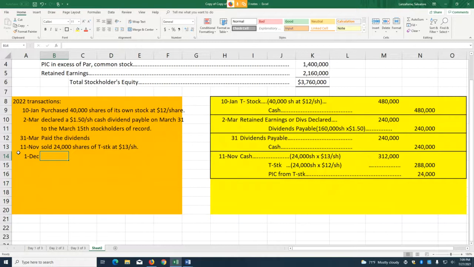And on December 1st, it says, look at this, directors declared a $2.50 per share dividend. Let's change that to 250. And the dates are going to be a little different, January 2nd and December 10th.